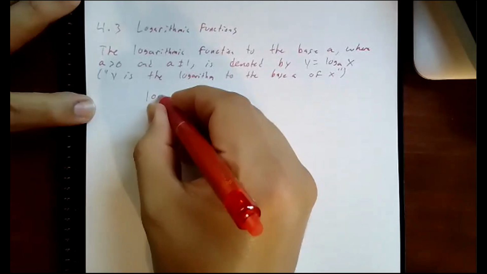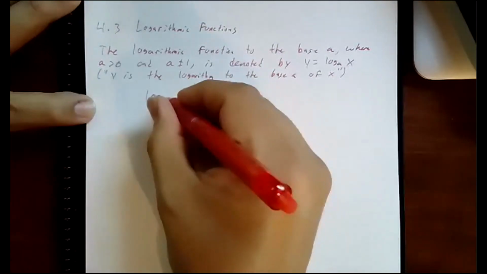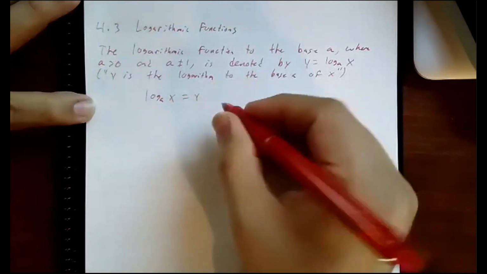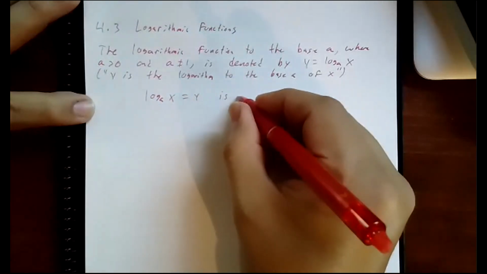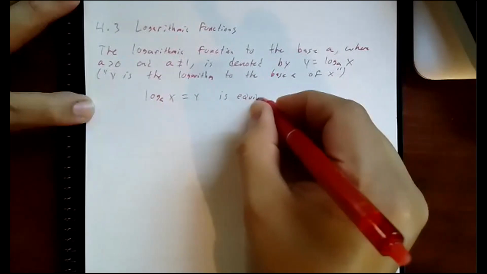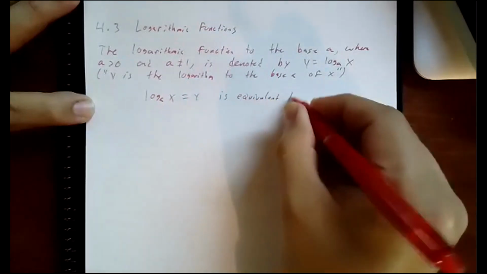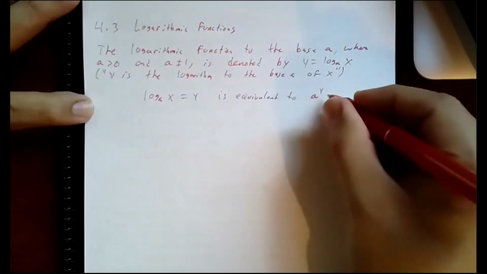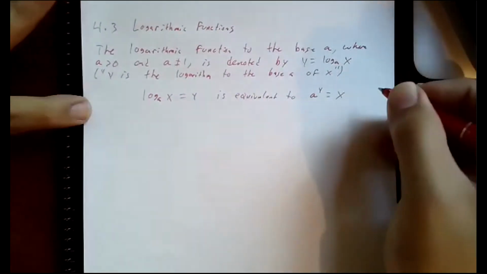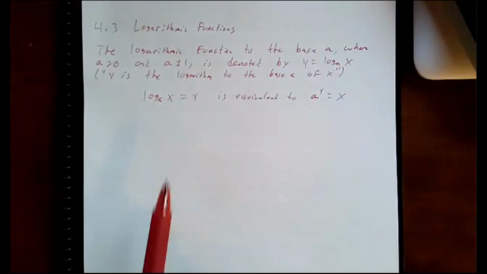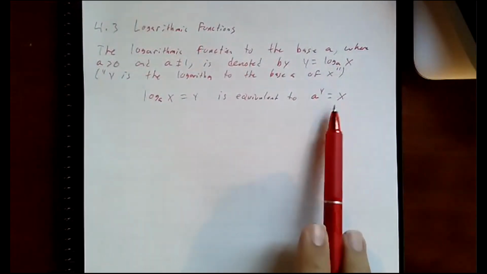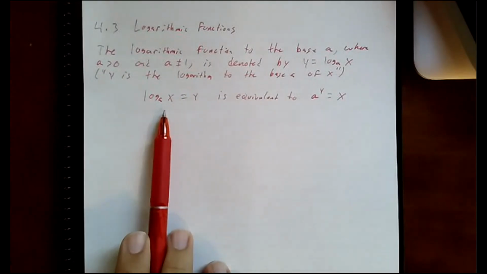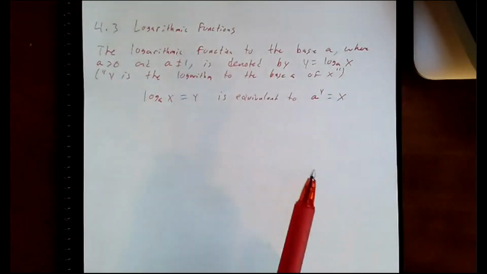So log a of x is equal to y, and this is equivalent to a to the y is equal to x. So you can switch back and forth. So if you have an exponential, you can use the definition to go to log form, depending on what we're doing, okay?